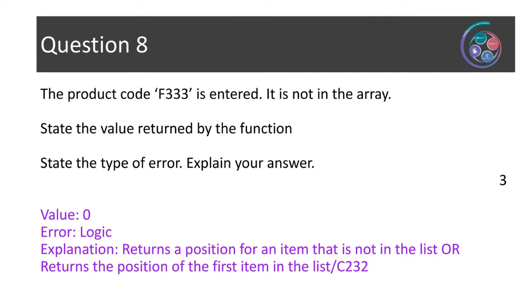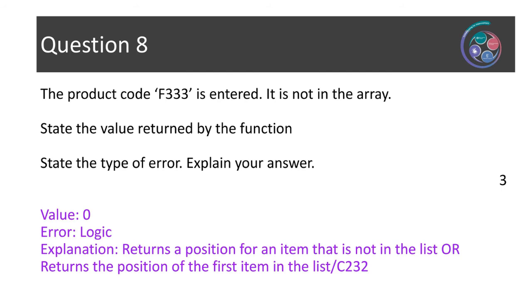And it's the position that is the value that is being returned. So that variable, we need to see if it's being updated at any point by the code. And we can see that because F333 isn't located within the code, then that position value isn't going to change, which means the value that's going to be returned by the function will be 0.